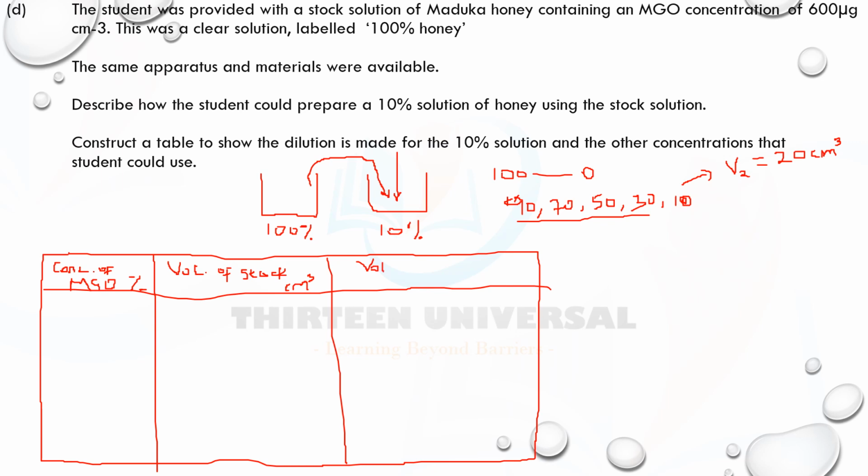Just call it NUT solution, volume of nutrient solution, and of course it's in cm cube, guys. Remember, the volume of stock plus volume of nutrient solution will give us the final volume. All right, good.